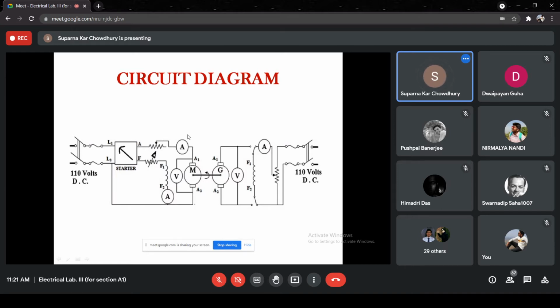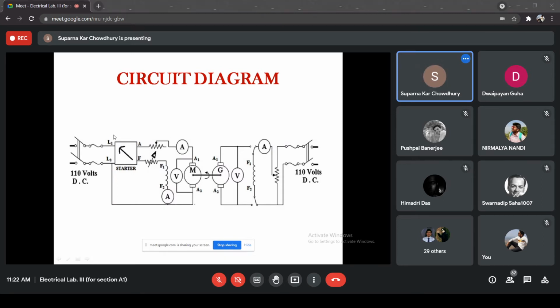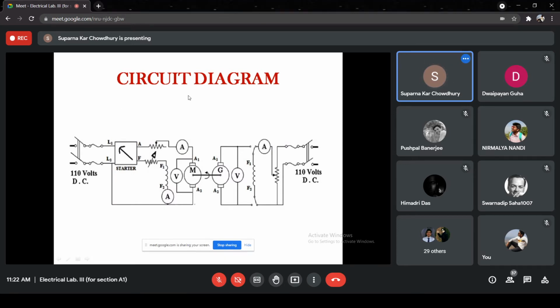Because we are going below the base speed, it will be obtained by changing the resistance in the armature circuit. We will record the voltmeter and ammeter readings for different speeds, and for each reading, from VI minus I square R loss, we will get the motor constant loss for that particular speed.